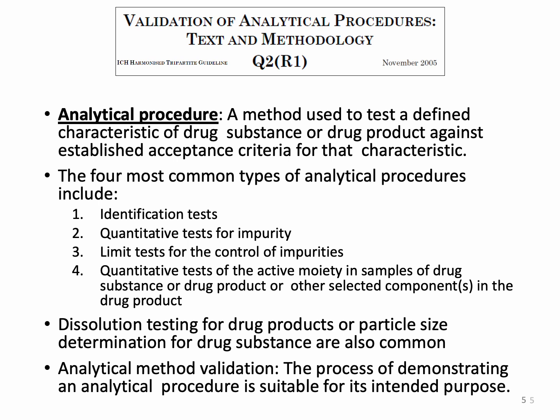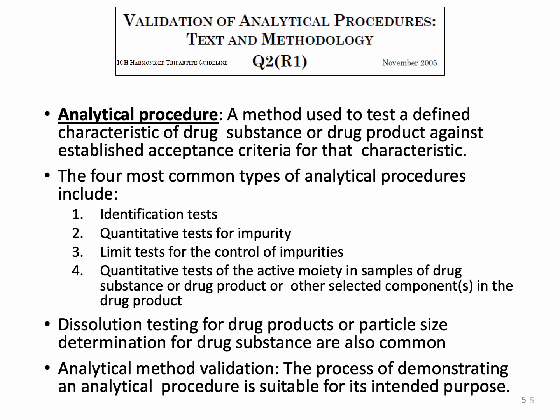So when we look into ICH Q2(R1), we can see the definition of analytical procedure, which is a method used to test a defined characteristic of drug substance or drug product against established acceptance criteria for that characteristic. So the four most common types of analytical procedures are the following.